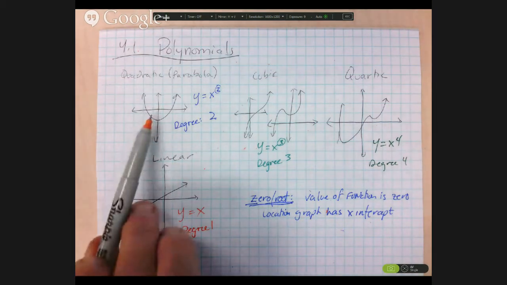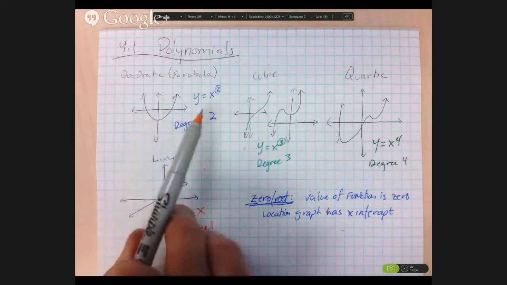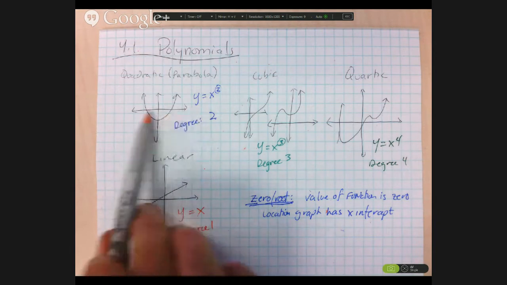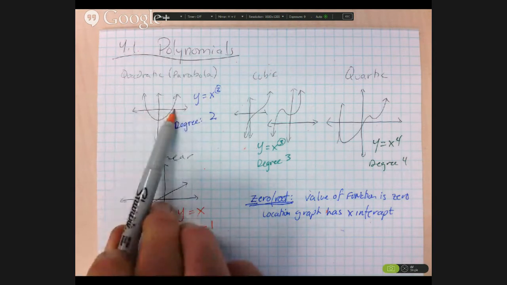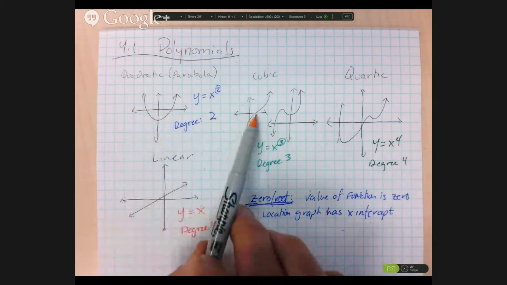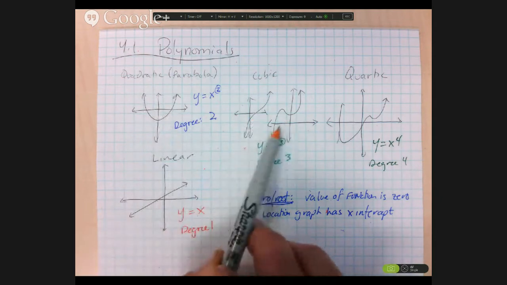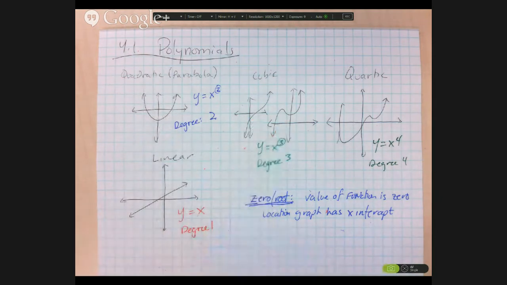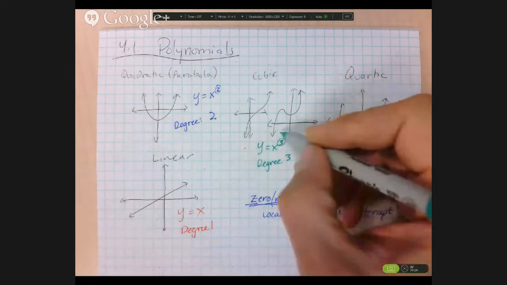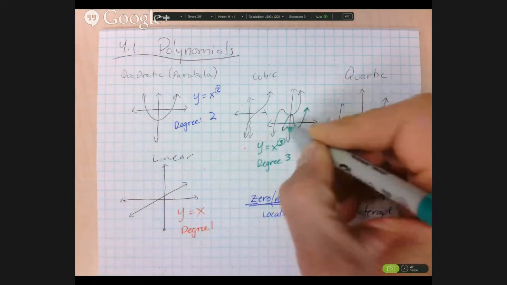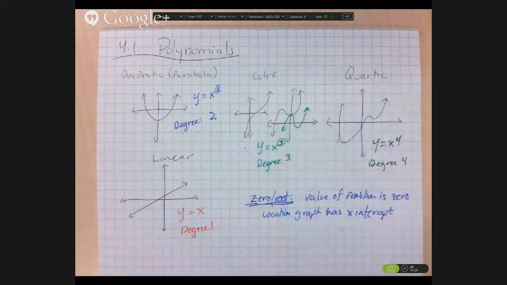How many zeros or roots does that function have? Okay, there are 2 x-intercepts, right? How many are here? How many are here? Okay. How many can I have up to on a cubic? Yeah, I could do this, and there would be 3. Can I ever have 0? How? Oh, now we got to think.